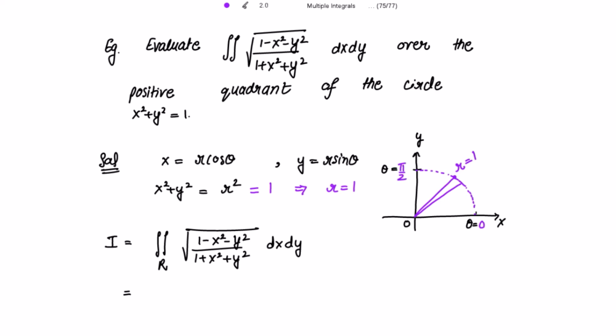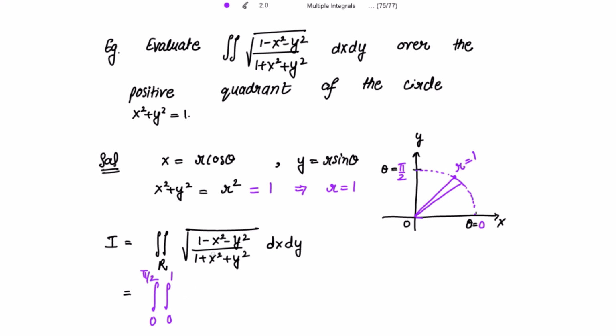Because they have asked to evaluate this double integral over the positive quadrant of the circle, and the first quadrant is from 0 to pi by 2. So r varies from 0 to 1 and theta varies from 0 to pi by 2.